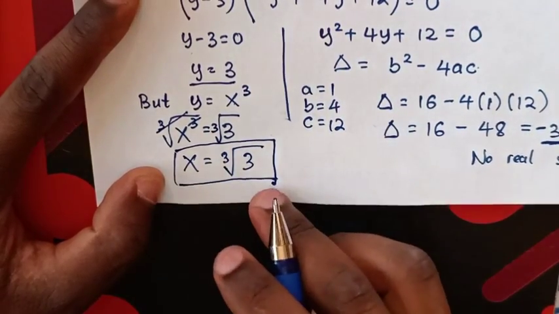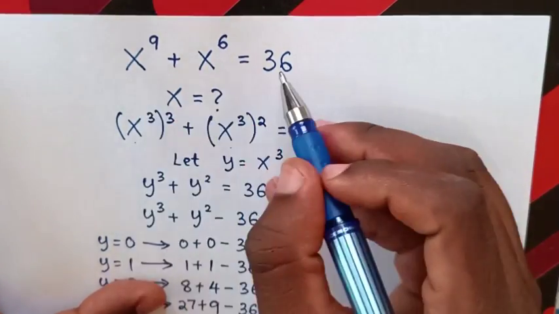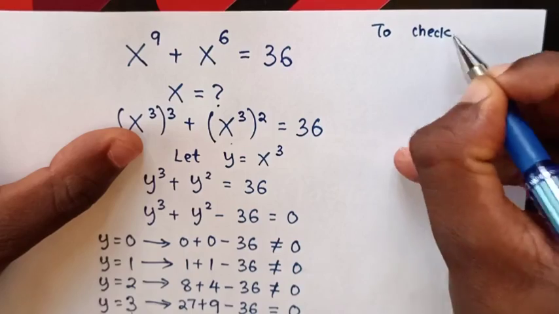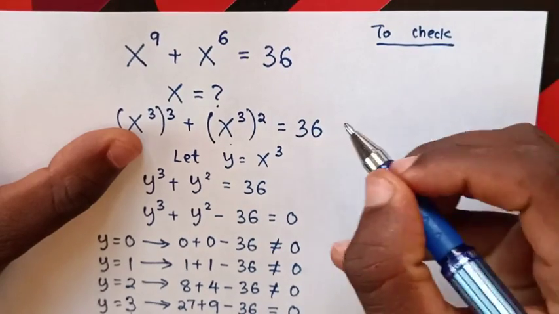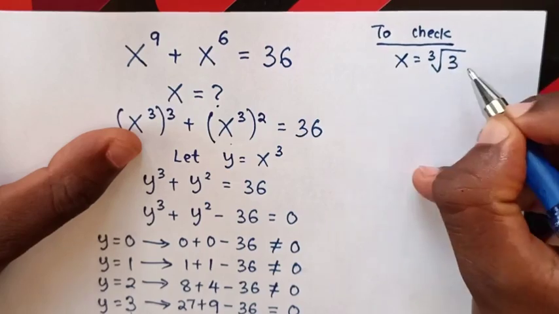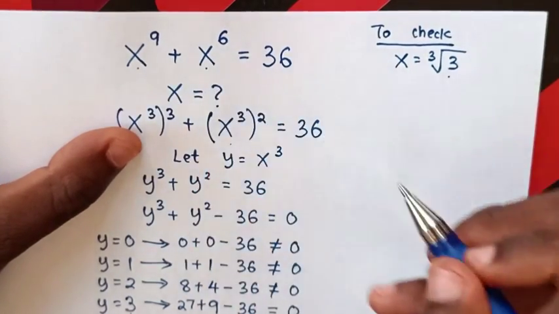Now, to check if this value of x is correct for this problem, from the value of x, which is the cube root of 3, we substitute the value of x into here and here.